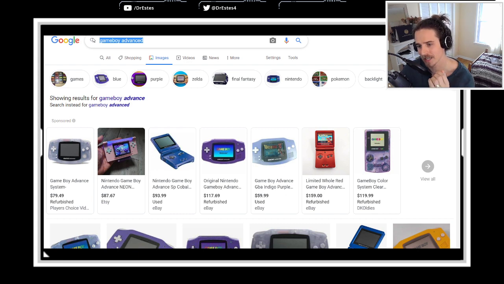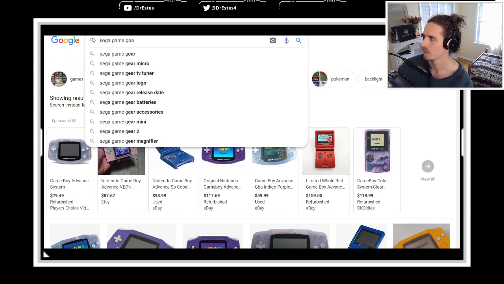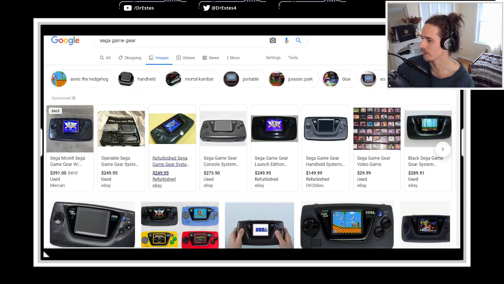This was at the same time that the original Game Boy came out. And it was like this backlit battery hog. No, not the Dreamcast. Wait, was it the Game Gear? This.